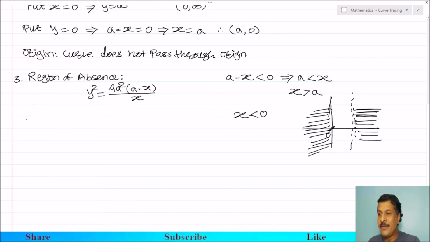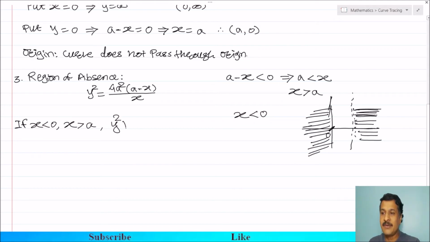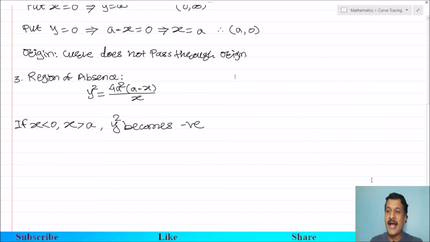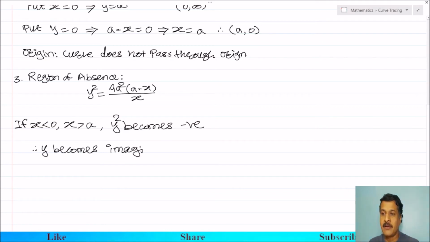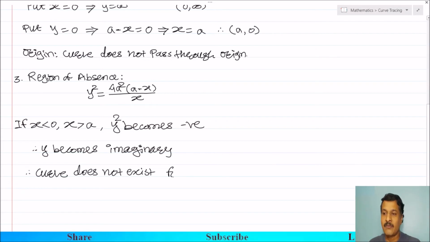So here I will write, if x is less than 0 and x is greater than a, y square becomes negative. Y square negative means y is the under root of a negative, which is imaginary. Therefore y becomes imaginary, and for imaginary values the curve does not exist. Therefore the curve does not exist for x less than 0 and x greater than a.